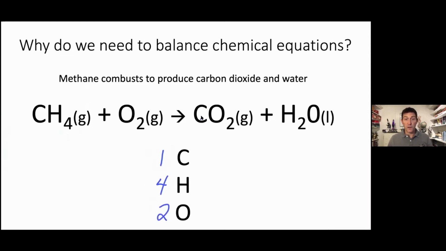Over here on the product side, we have 1 carbon, 2 hydrogen, and it looks like we have 3 oxygen. Now, this poses a problem because we don't have the same number of hydrogen on both sides of the equation or the same number of oxygen, which means we can't really go any further with anything in this problem because we don't have all the information that we need.